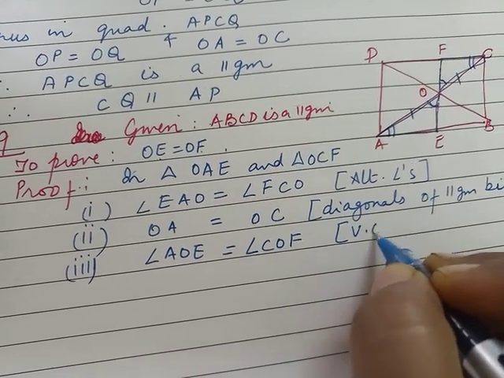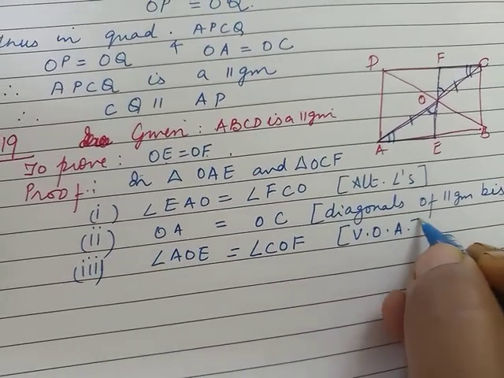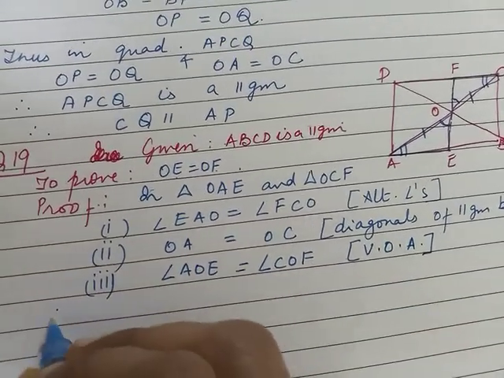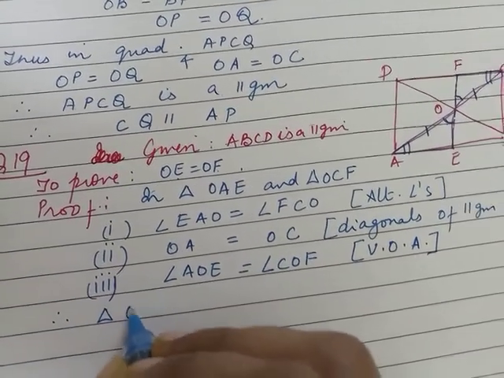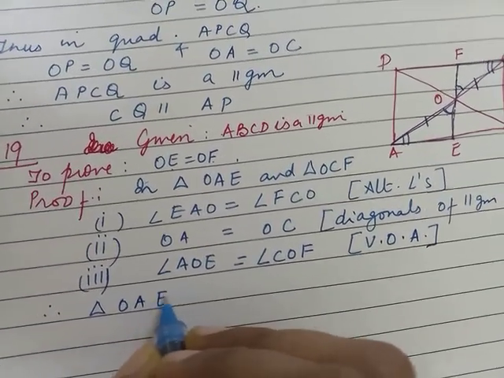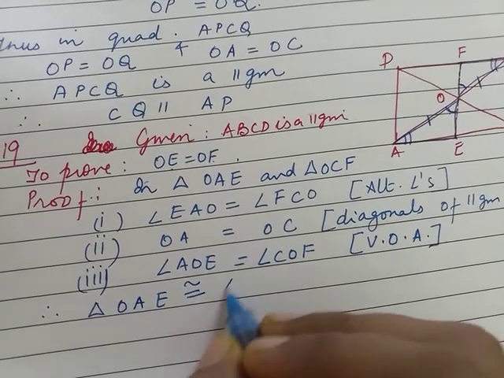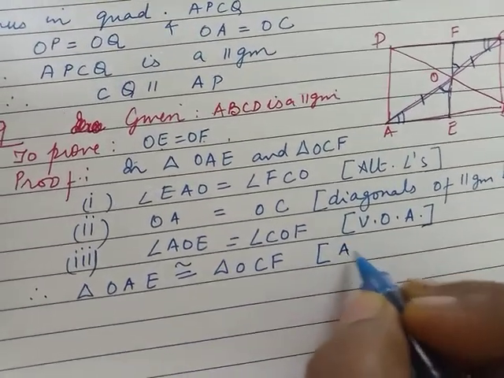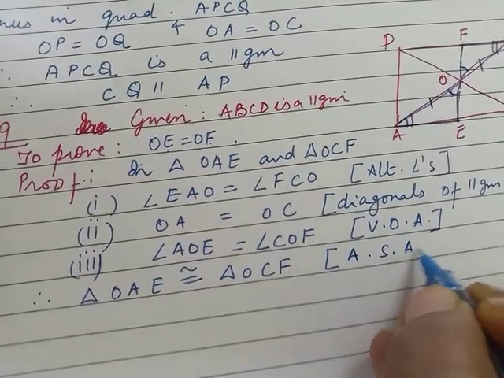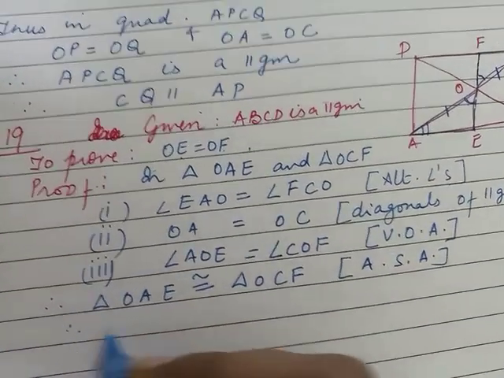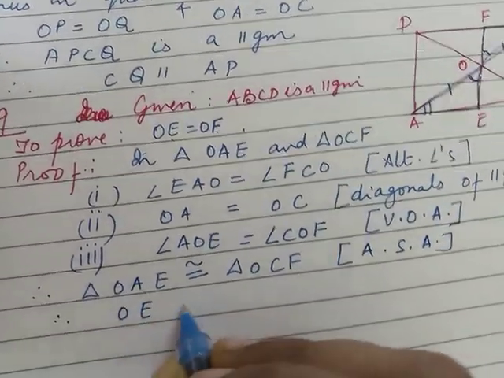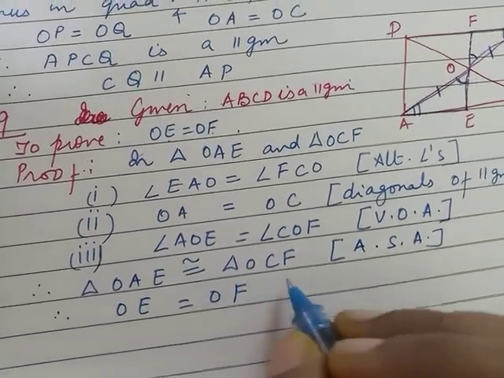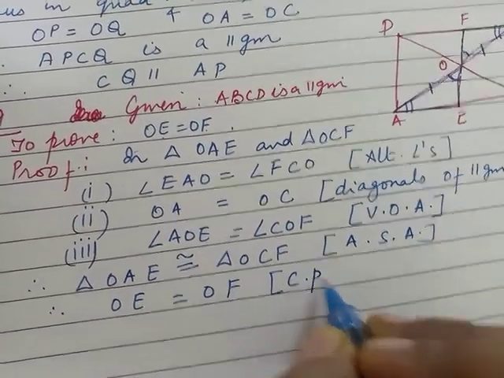Reason, vertically opposite angles. Therefore triangle OAE is congruent to triangle OCF under the criteria angle, side, angle. Therefore OE is equal to OF. Reason, CPCT.